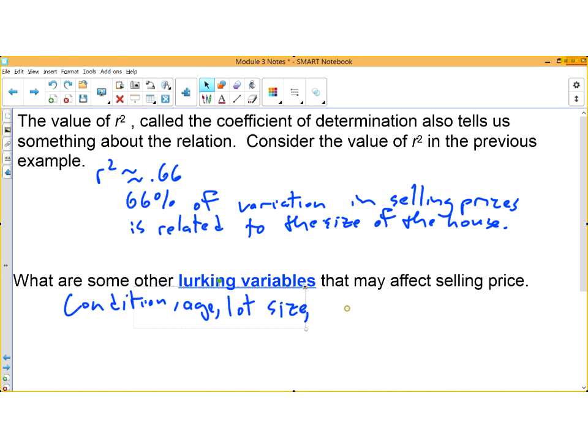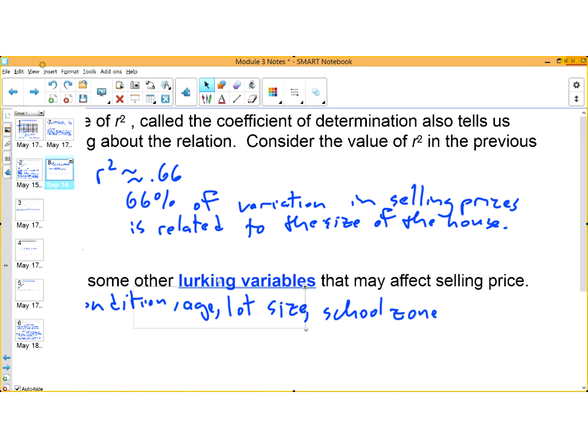Condition, age, which is kind of related to condition, lot size, how big the property that it's on is, school zone, even though two houses may be in the same zip code, they're not always zoned for the same elementary or middle or high schools. So those are some other things to be aware of. So that anytime you're thinking about a relationship between two variables, you should also think about other variables that are related to those two.